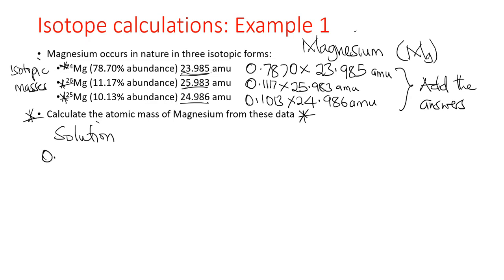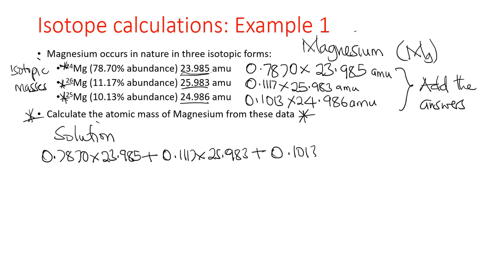So 0.7870 times 23.985 plus 0.1117 times 25.983 plus 0.1013 times 24.986.